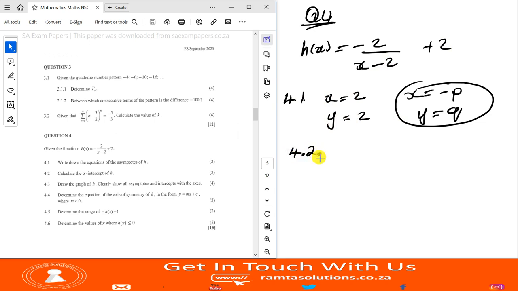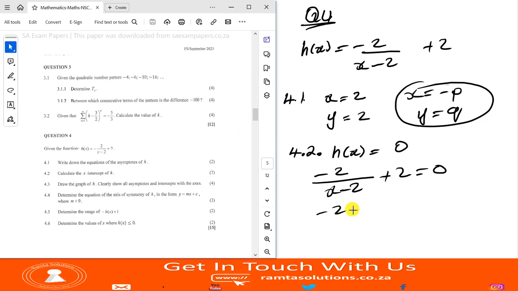4.2, calculate the x-intercept of h. h of x is equal to 0. That is you calculating the x-intercept, which means where there's y, you put 0. So -2 over x minus 2 plus 2 is equal to 0. You multiply by x minus 2 throughout.